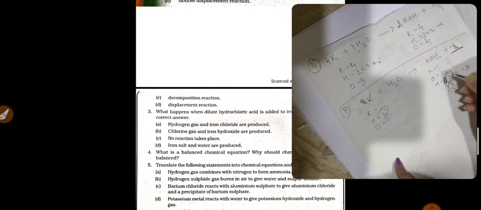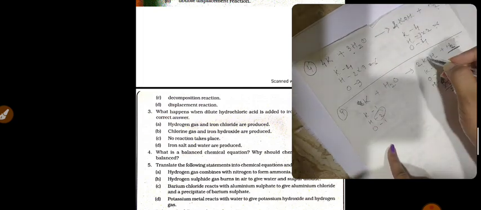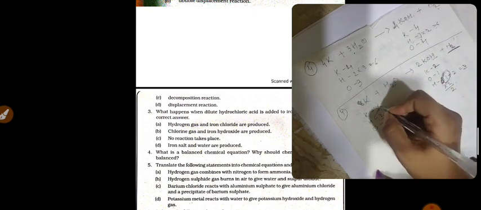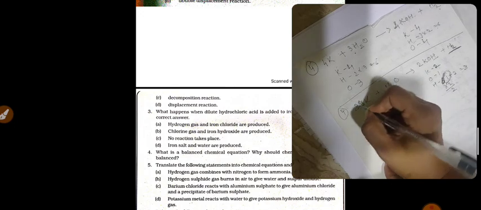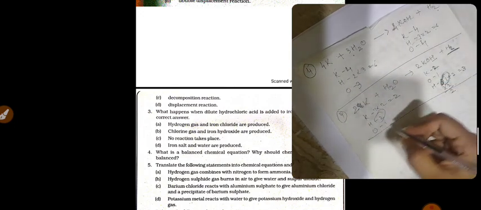Multiply by 2 we will get 2. So this is multiplied by 2 here, KOH. So now potassium is 2 here, so multiply this by 2 for potassium. Now let's check.